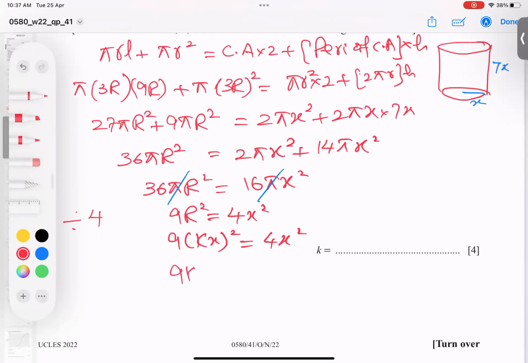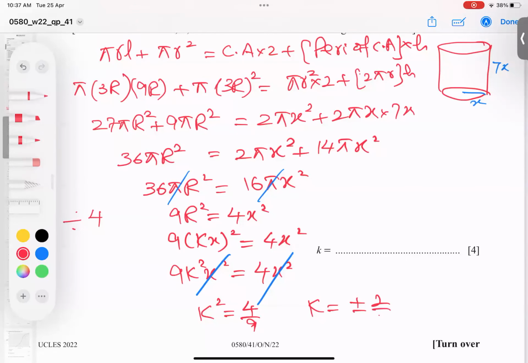So I get 9 k to power 2, x to power 2, equals 4x square. Now I divide, x square cancels out. So k to power 2 equals 4 over 9. And when I take the root of both sides, I get the k value: plus and minus 2 over 3.